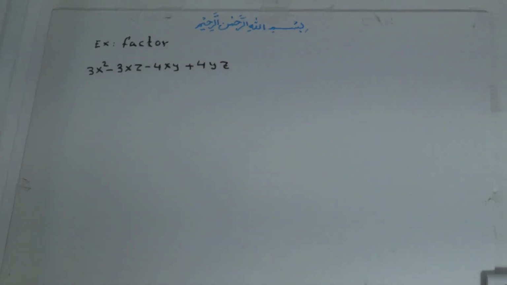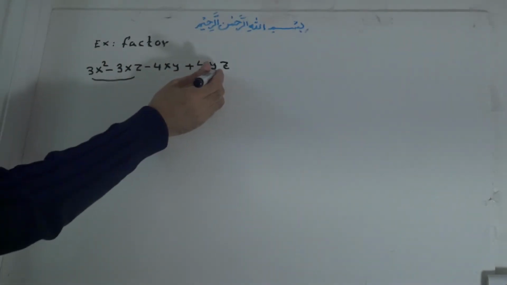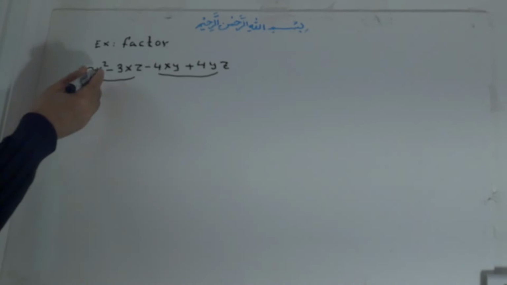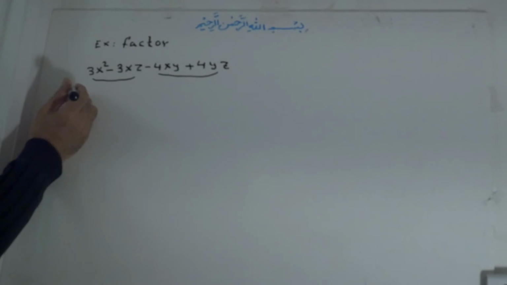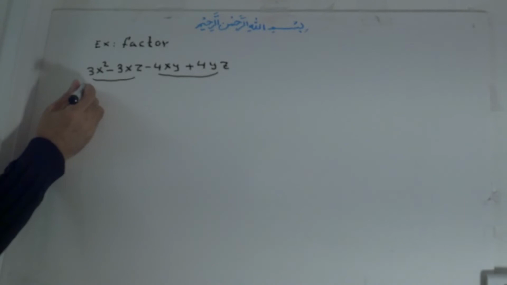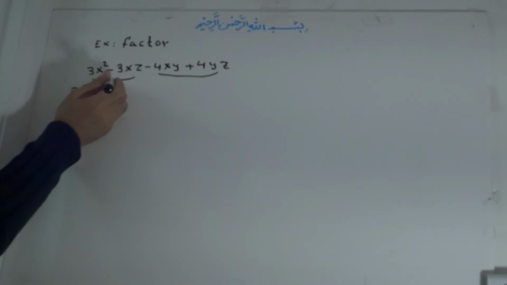Now again we separate two by two terms, these two and these two, and we find the greatest common factor between them, or GCF. The greatest between the two numbers is 3, and between x to the power of 2 and x the common factor is x, and this is enough.